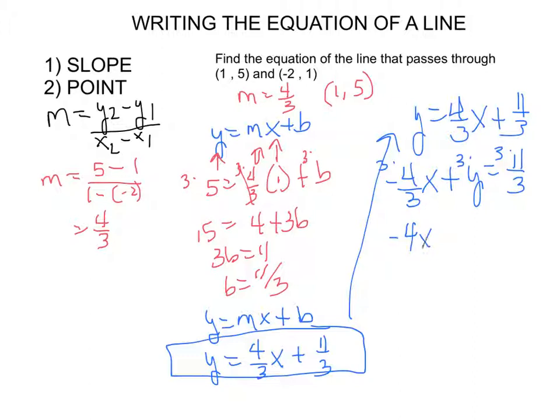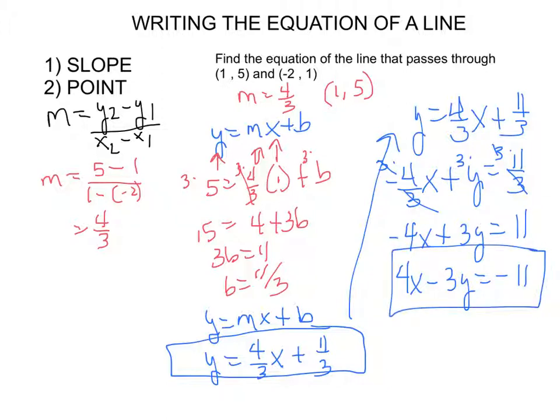So we get negative 4x plus 3y is equal to 11, because remember, the 3's will cancel, and switch our signs. 4x minus 3y is equal to negative 11. So this is the equation in standard form, and the other one is also the same equation. It doesn't matter. It just depends on how the question wants you to give the answer.